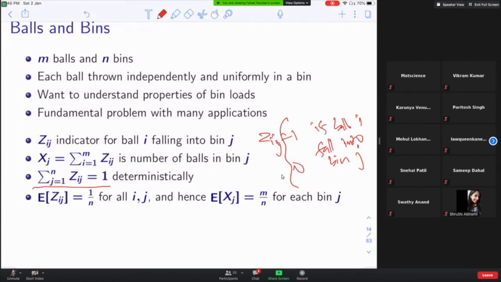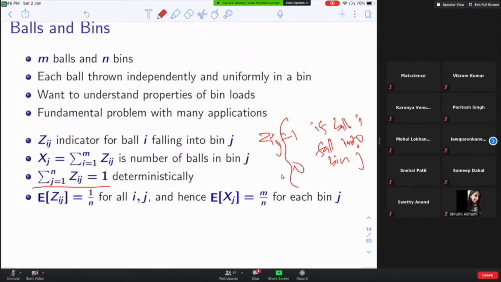Now, what is the expected value of Zij? What is the probability that the ith ball lands in the jth bin? That will be 1 by n.